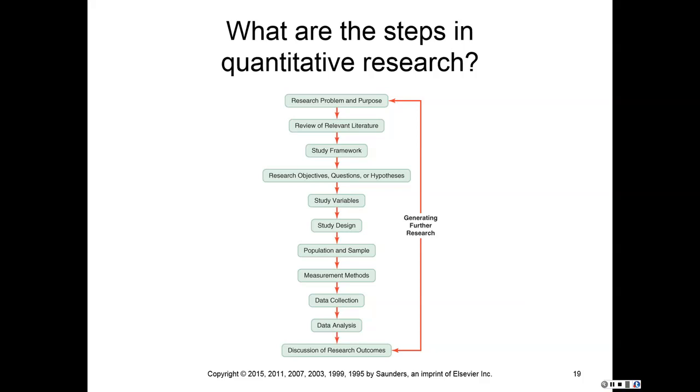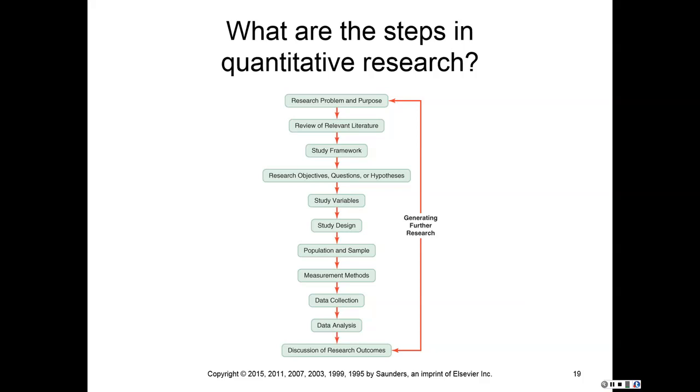So the intervention, the independent variable, would be the pre-op teaching, and they would probably have two intervention groups, one that received teaching and one that did not receive teaching with doll play. And the dependent variable would be measurement of the pediatric patient's level of anxiety pre-op and post-op. And did the teaching intervention make a difference in the level of anxiety? So that would be their research objective, their question, and their hypothesis.